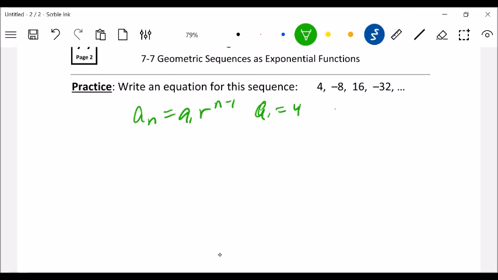And for R, we're going to do that thing where I take the second one and divide by the first. Take the 16 and divide by negative 8. 16 divided by 8 is 2, and it's negative. Negative 32 divided by 16 is also going to be a negative 2. So we know that the ratio is negative 2.